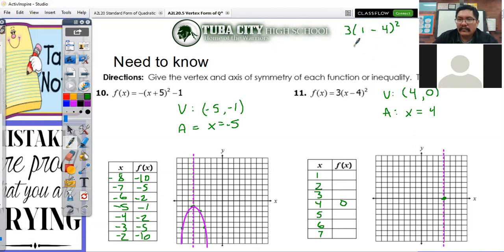All right, so 1 minus 4, so that's 3 times negative 3 squared. And again, make sure you follow your order of operations, your PEMDAS. So when you see parentheses, remember, don't just look for parentheses. You got to ask yourself, is it a grouping symbol? You cannot have a group of 1. You can't have a group if it's just one thing. So that's not a grouping symbol.